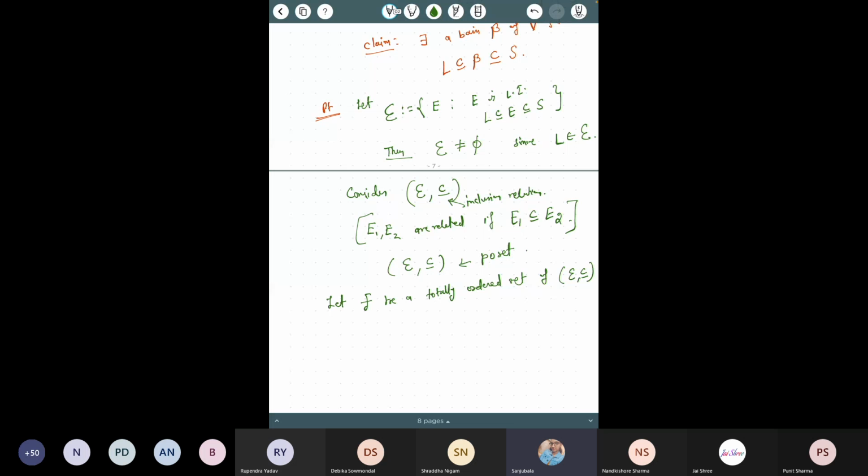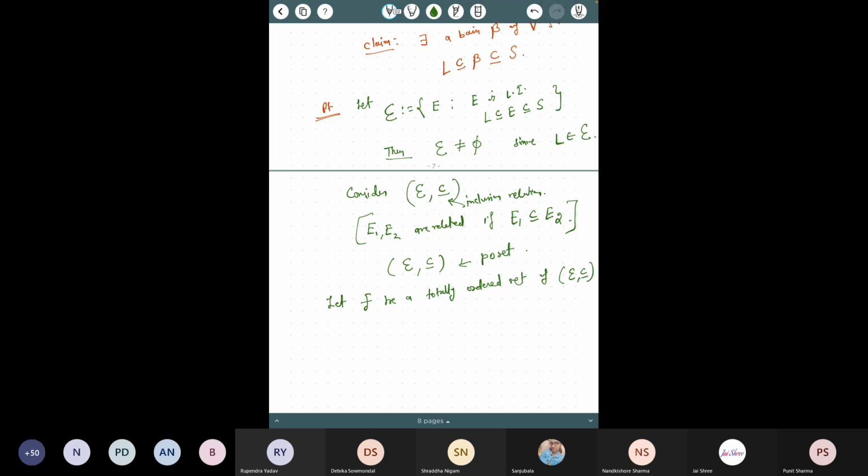Every two elements in this F are comparable, that means they are related. Now I have to show that this totally ordered set F has an upper bound.